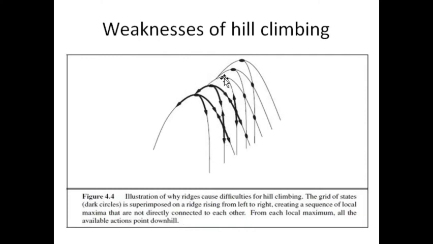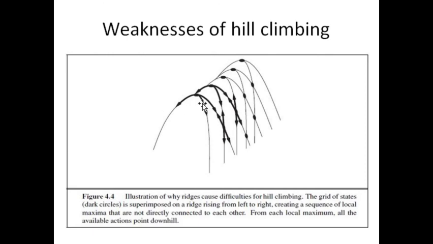This is a local maxima, this is a local maxima, this is also a local maxima. All of them have the same height, but they are not directly connected to each other. So wherever our robot goes, whether to this place or that place, it cannot decide whether it has reached the global maxima or not.